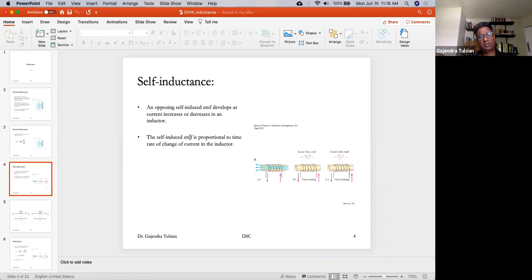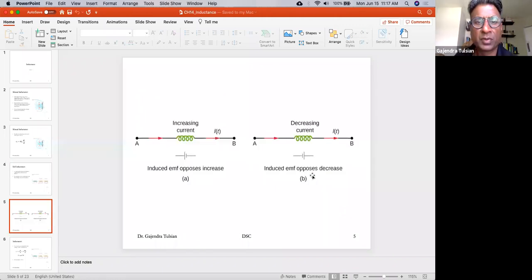The self-induced EMF is proportional to the time rate of change of current. What this bullet point is saying is this EMF is proportional to the rate of change of current. You change the current faster, this EMF would be greater.